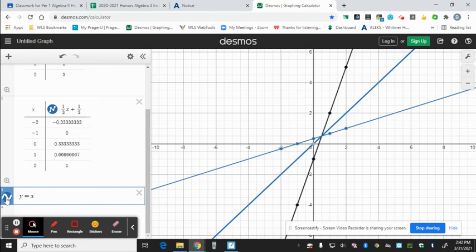This line right here is the line of symmetry between the original function, which is in black, and this inverse function here. You know you have an inverse if you see this occur. Now let's go back to the lesson.